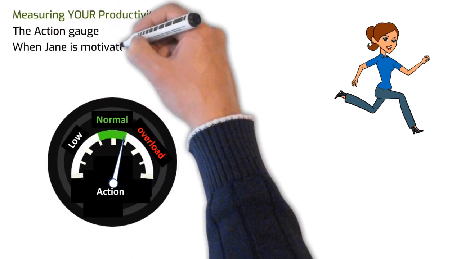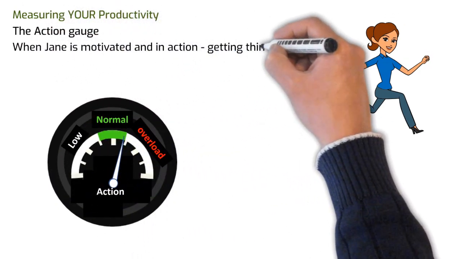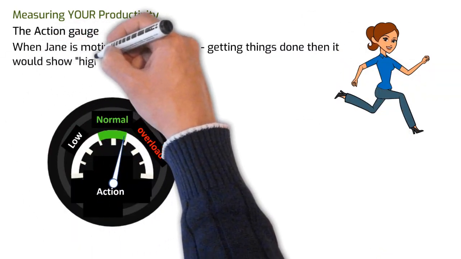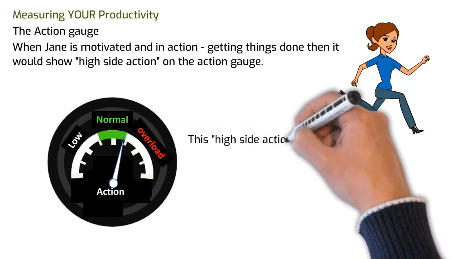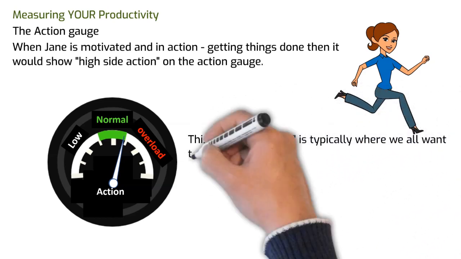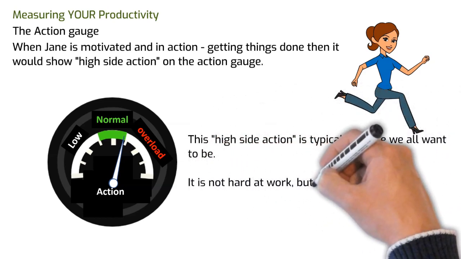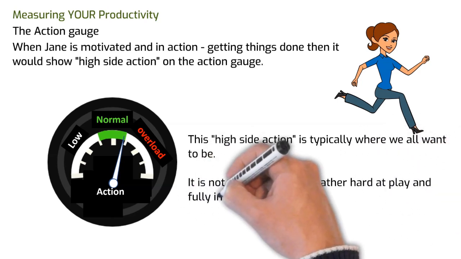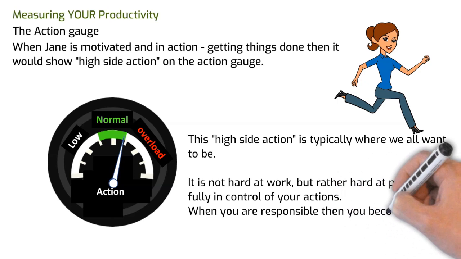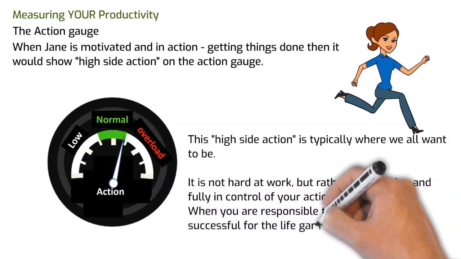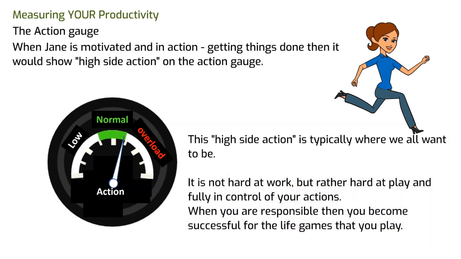When Jane is motivated and in action, getting things done, then it would show high side action on the action gauge. This high side action is typically where we all want to be. It is not hard at work, but rather hard at play and fully in control of your actions. When you are responsible, then you become successful for the life games that you play.